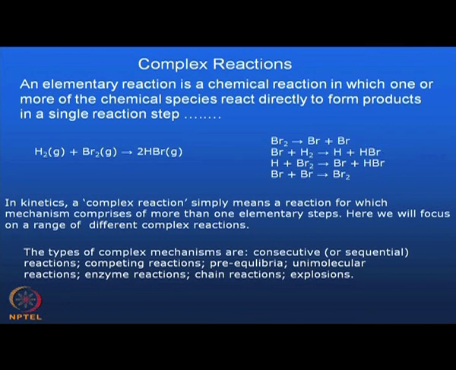A complex reaction can be regarded as a combination of more than one elementary step. Okay. So, elementary steps are steps where you can just see as if 2 components, or maybe one component, is directly giving you the product.